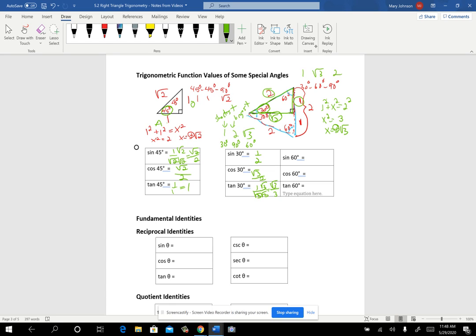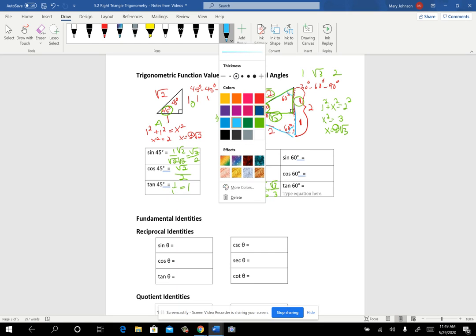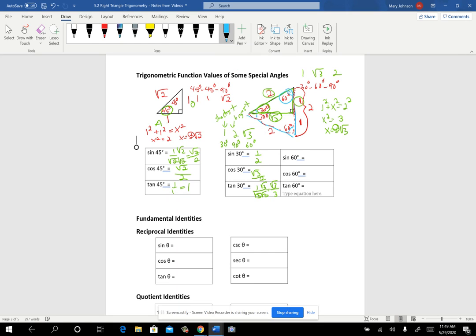All right, now, when you do sine of 60, sine of 60 has to look at the side opposite the 60-degree angle now. So you have to change your focus to this angle over here now. And so the opposite side would be square root of 3 over the hypotenuse of 2.